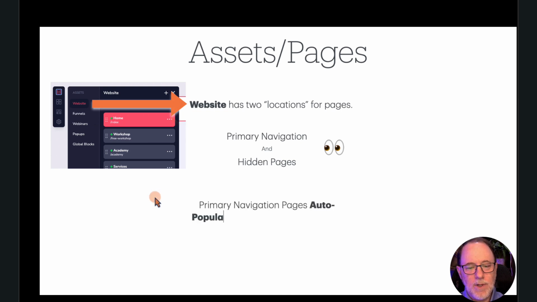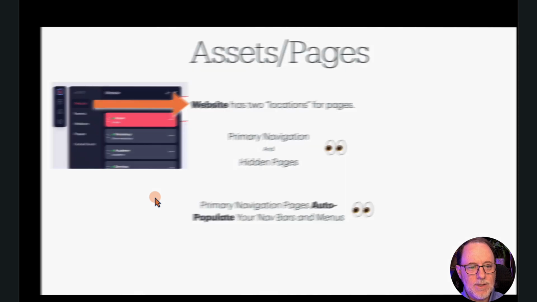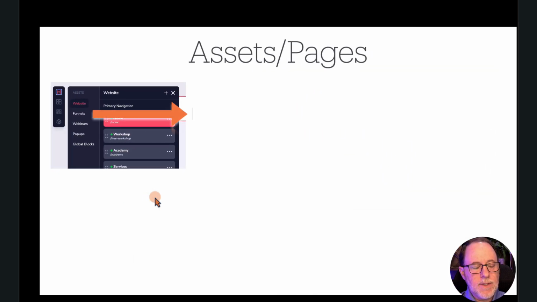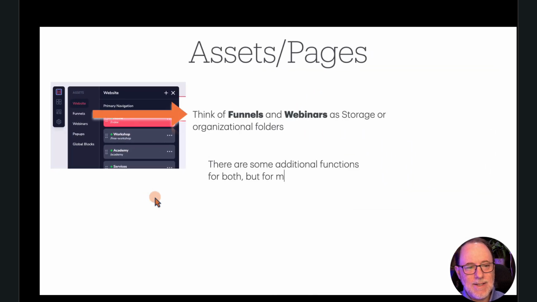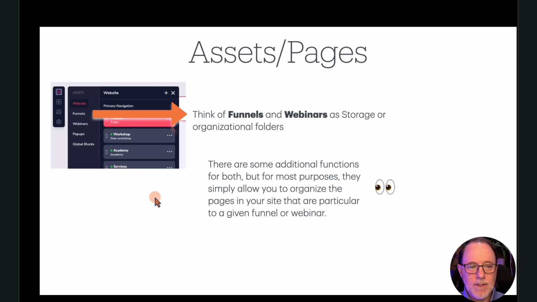Okay, so we just talked about this. Let's go on. The second area in your assets area, your pages area, is funnels. You can think of both funnels and webinars, the next two layers there, as really kind of storage or organizational folders. It's just a way to have lots of pages in your site, but to be able to find them quickly and organize them.